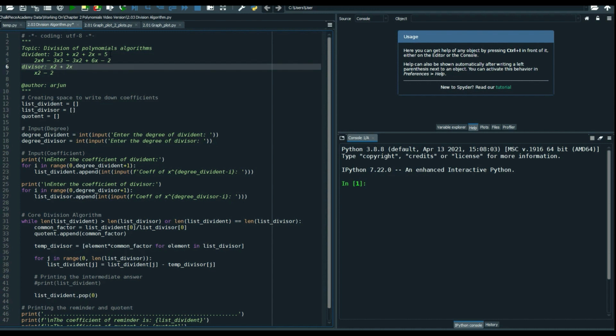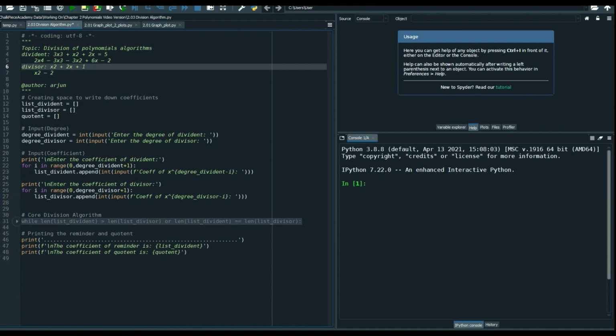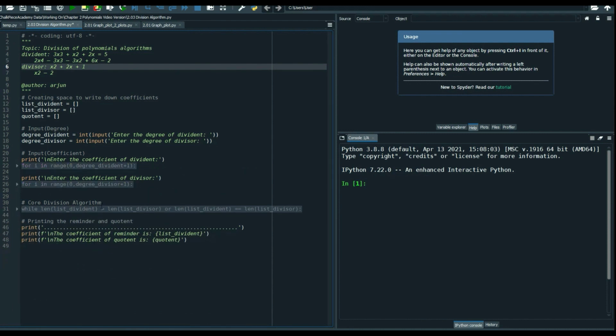So I here have the division process. The program looks a bit lengthy. Yes, it's a bit lengthy, but it's not that complicated.